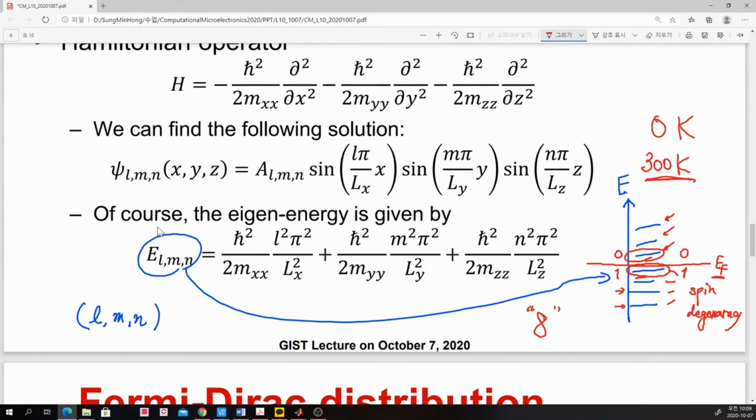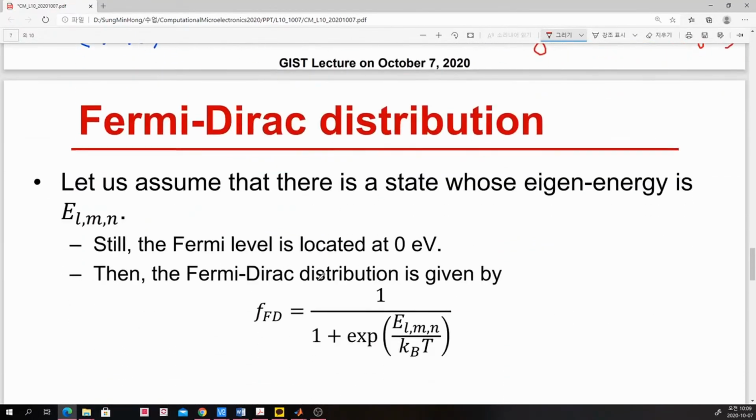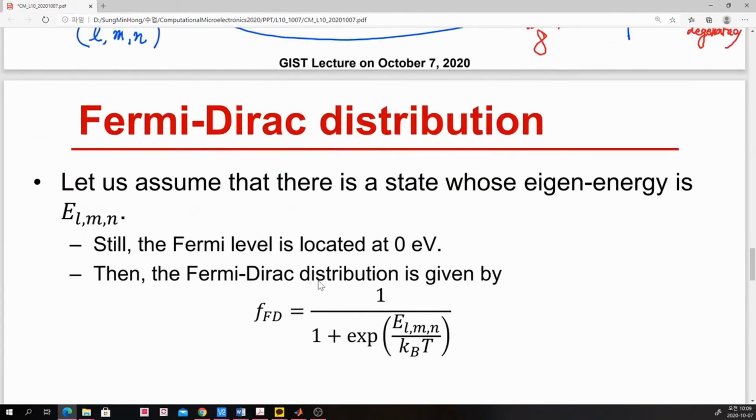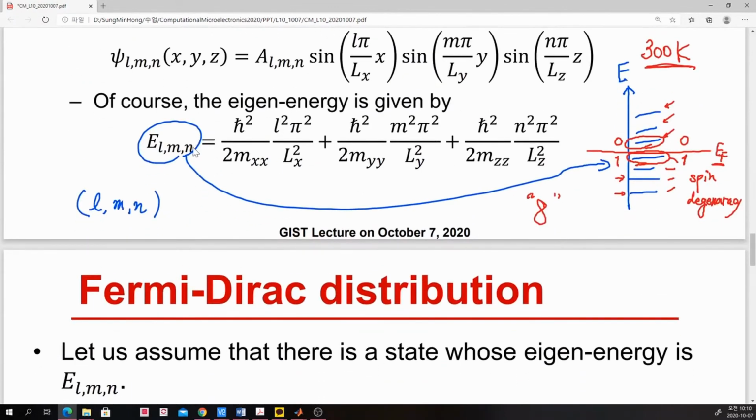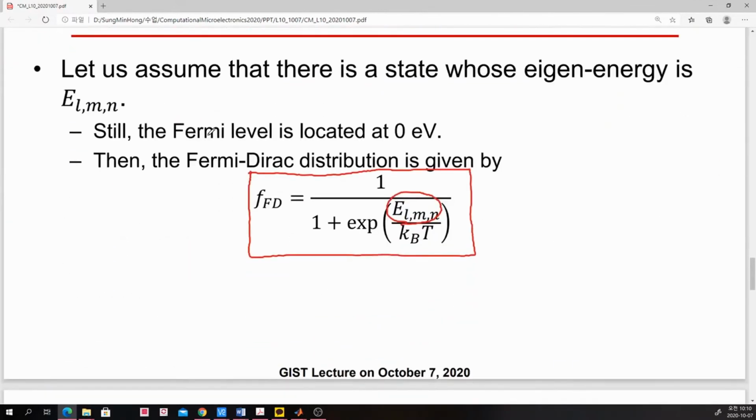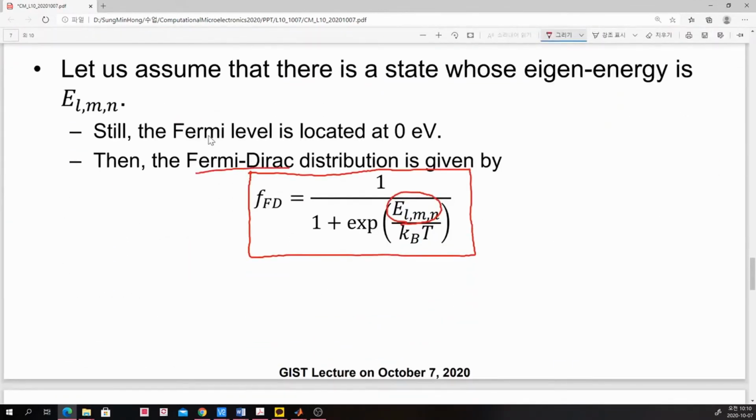That is described by the Fermi-Dirac distribution, and you know it quite well. Once you have the energy levels from your analytic solution for the three-dimensional infinite potential well problem, you apply the Fermi-Dirac distribution.